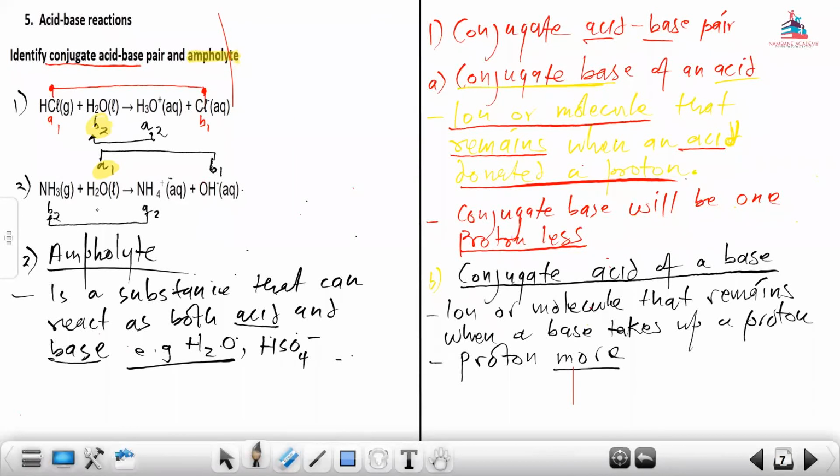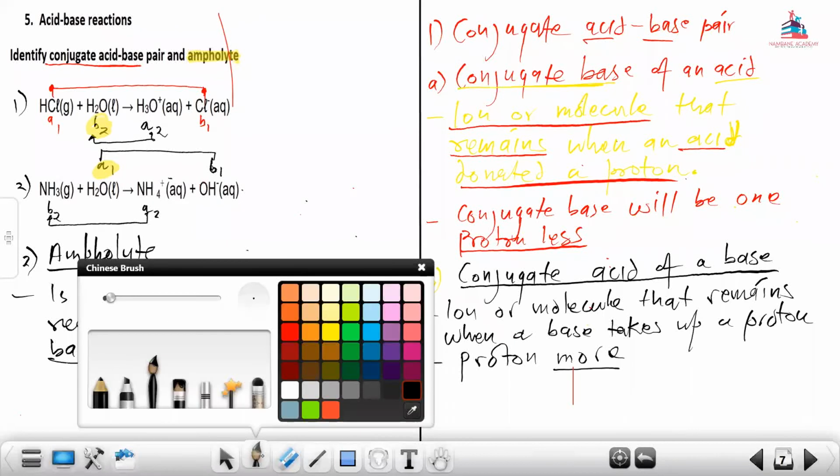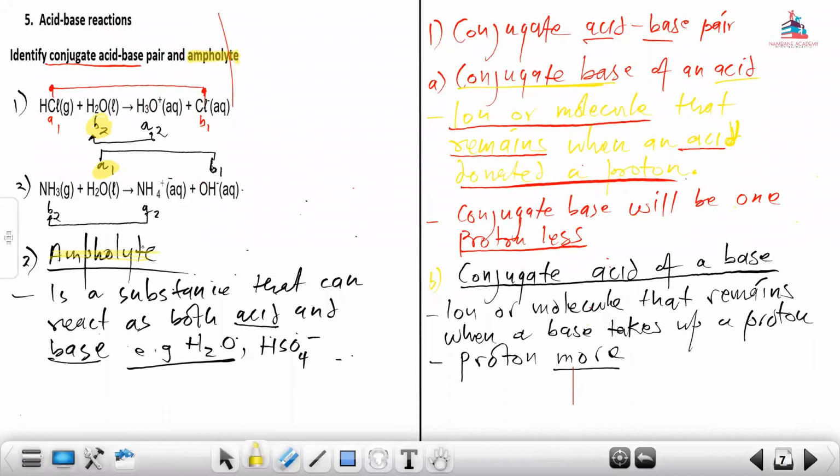So if in the first reaction it donated and it accepted in the second reaction, definitely it now qualifies fully to be an ampholyte. So an ampholyte is a substance that can react as a base or an acid in a chemical reaction.